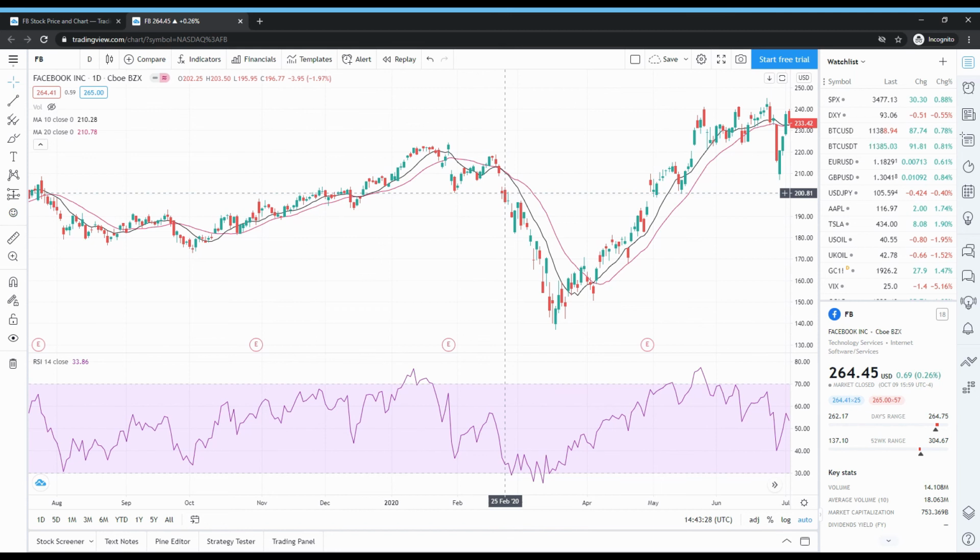Then I wait until my RSI goes above 70. At this point it has gone above 70, or it crosses right over here. If I sell my stocks here, I'll have $224, which means I take an average profit of $23 per stock. I don't know how long the duration actually is. If I take my position on 24th Feb of 2020, I'll be coming out of this position on 20th of May. So it comes to around 3 months.